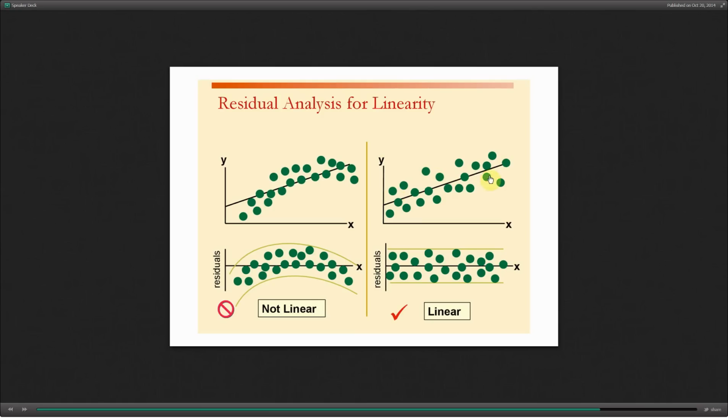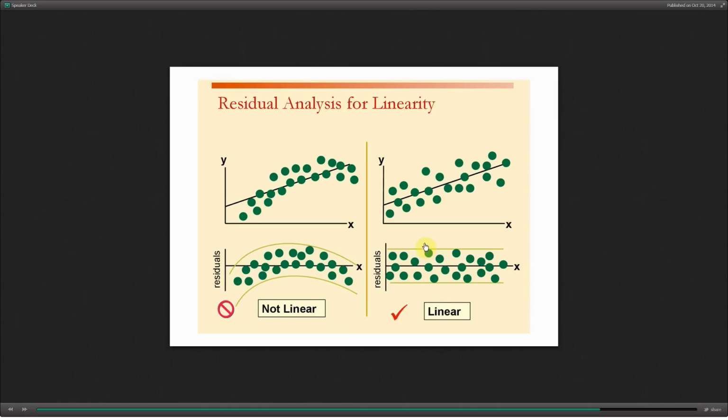So here, it seems pretty linear. Plotting these very same things, we're just taking this line and moving it down there. In other words, I'm plotting all these distances over x. Again, if you look at this, there is no relationship between x and the residuals here. In other words, the slope is 0. That's good.